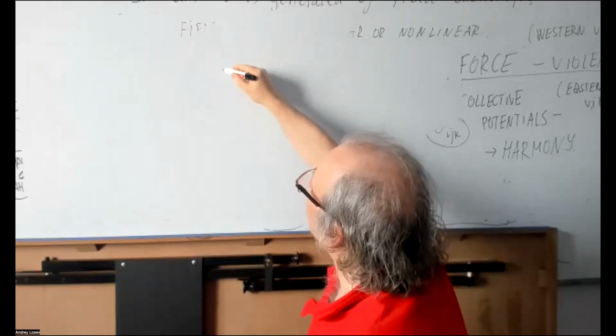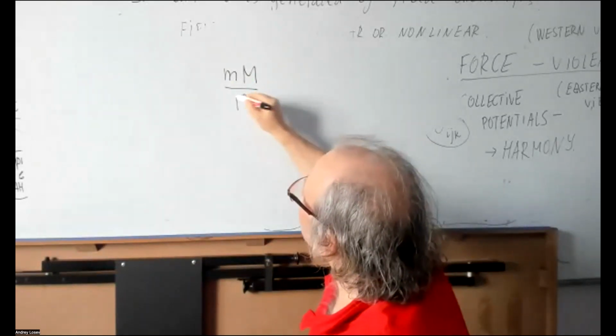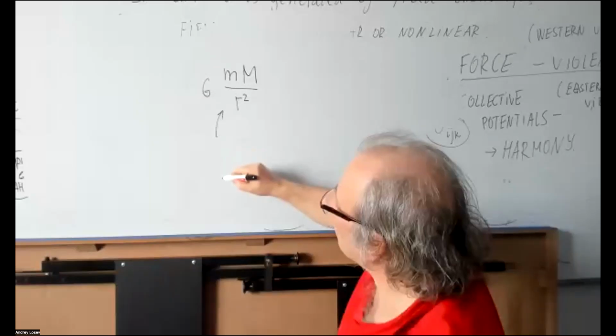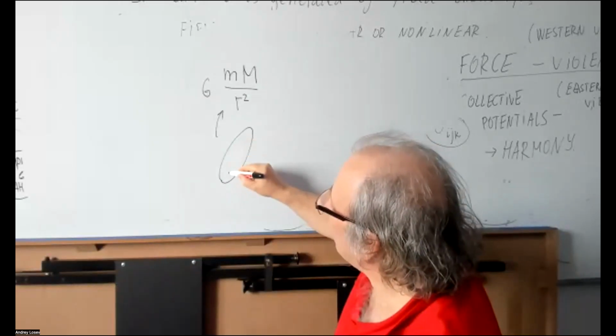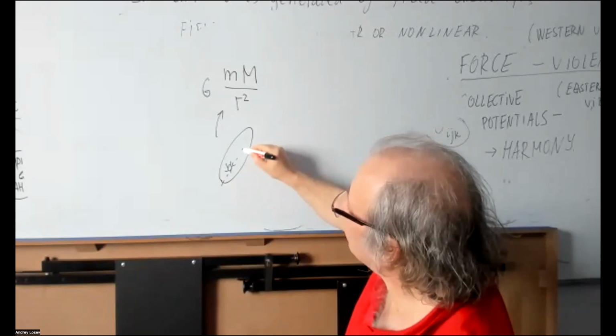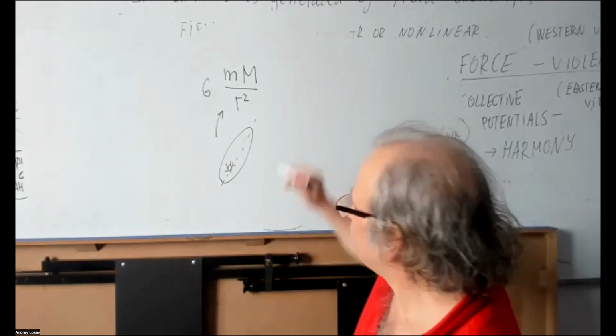So when people write down the force, they have this type of force. And if you have this type of force, you have elliptical motion, and the axis of the ellipse are at rest.